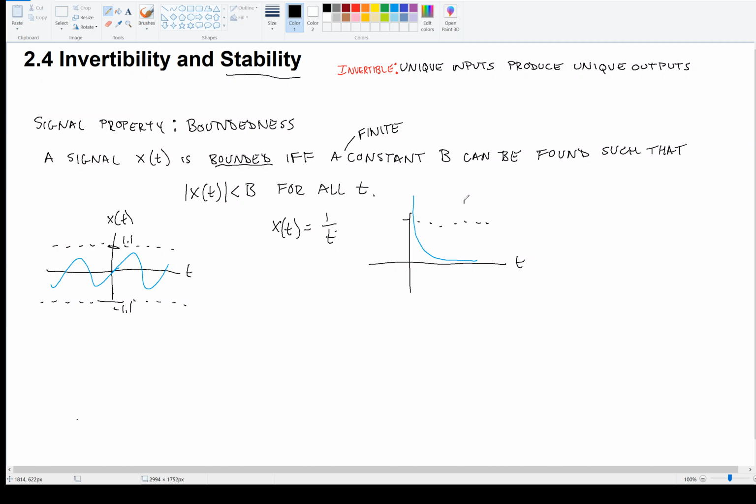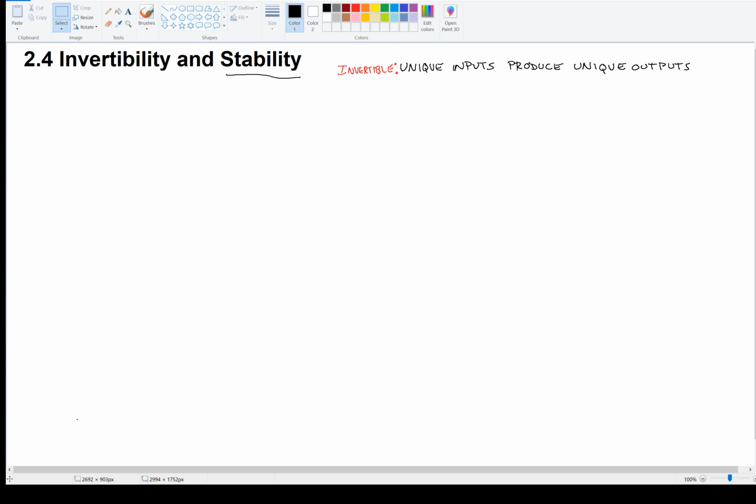So this would not be bounded. Okay, so that's boundedness, a property of signals. Now, to define stability, stability says the following.